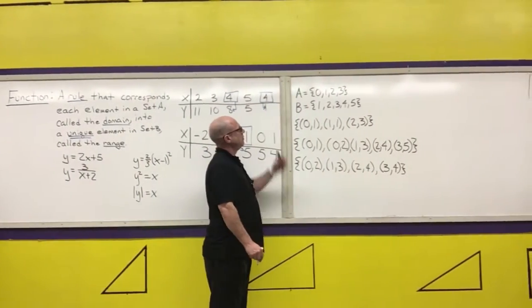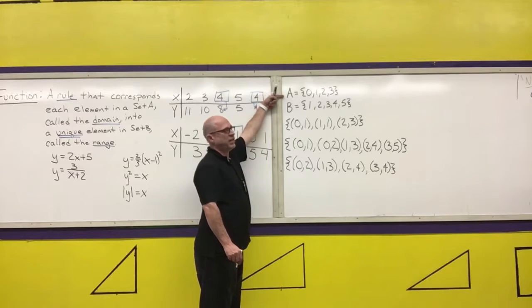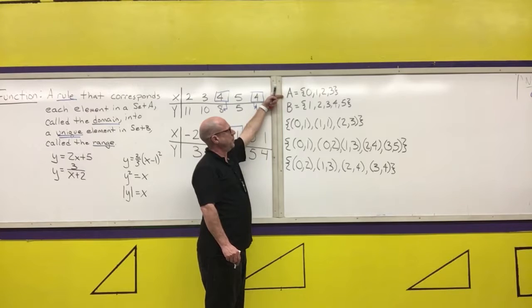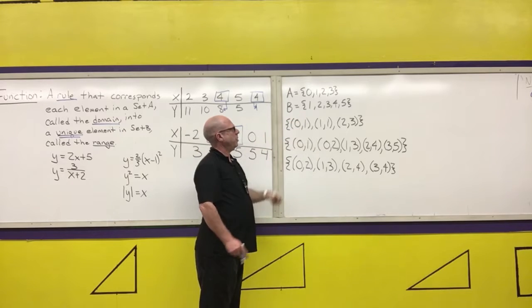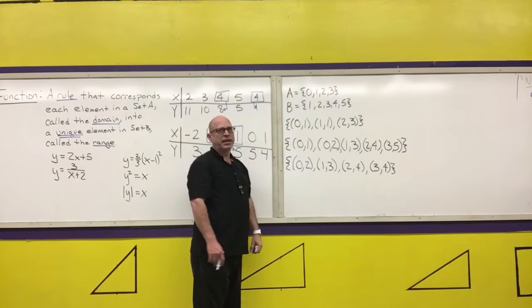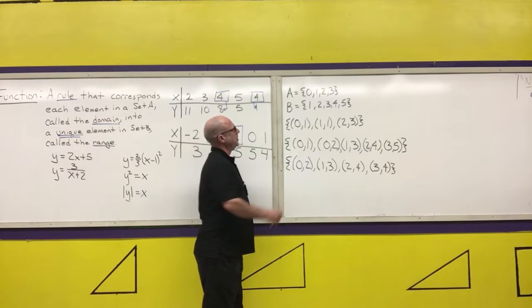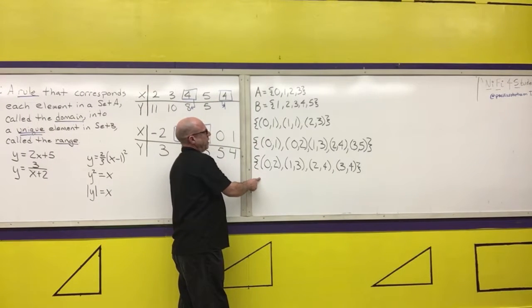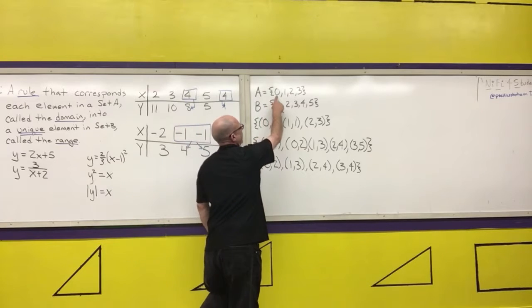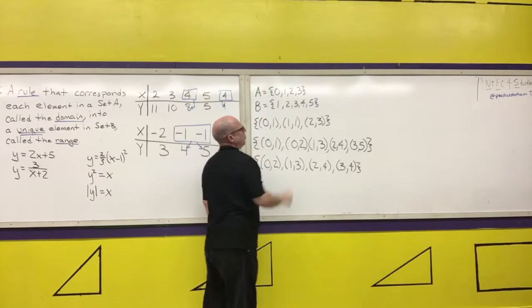Sometimes you may see them listed in set notation, where set A represents my inputs to the function, or the domain. In this case, it's the numbers 0, 1, 2, and 3. And set B represents the range, 1, 2, 3, 4, and 5. The check I want to do to make sure this is a function is, for my 3 example sets of ordered pairs, to see if every value of the domain is listed.